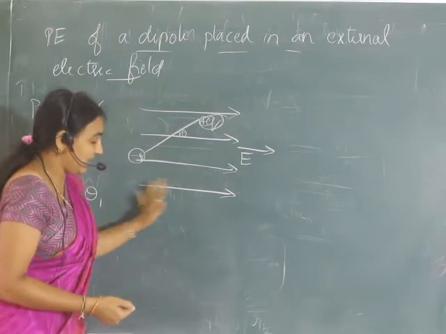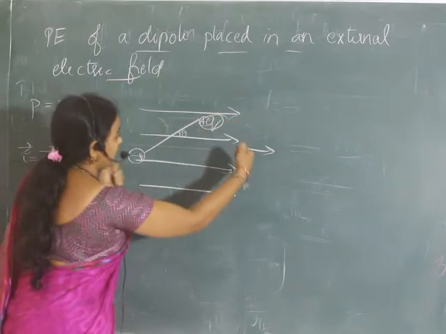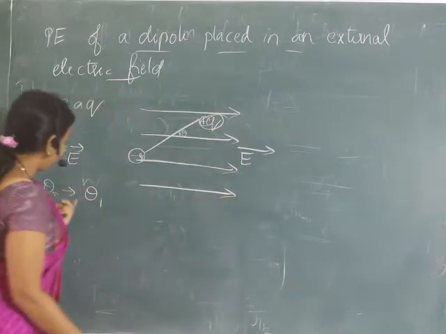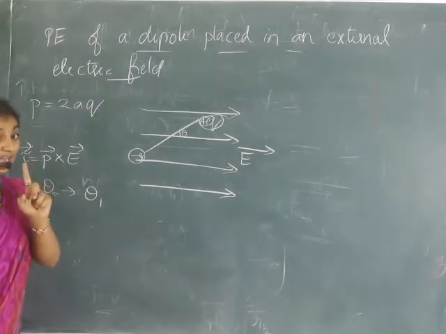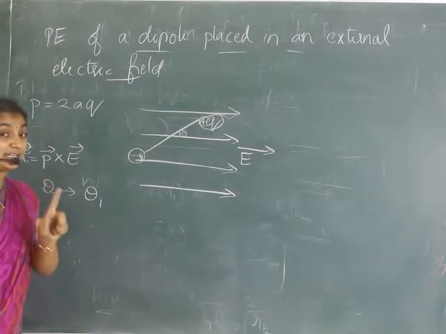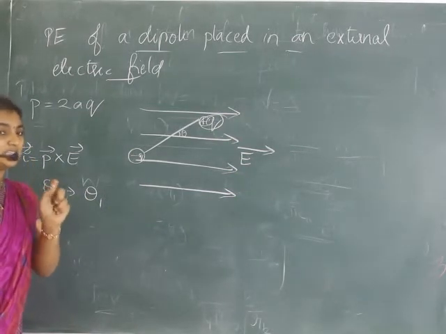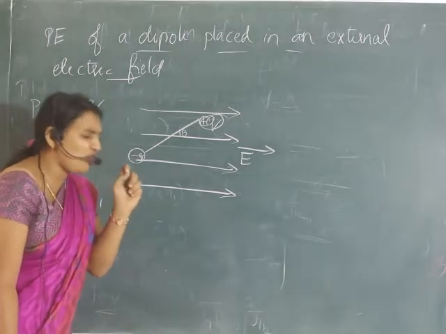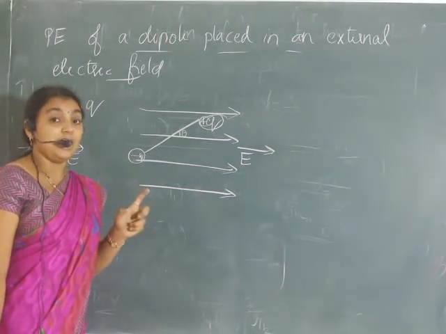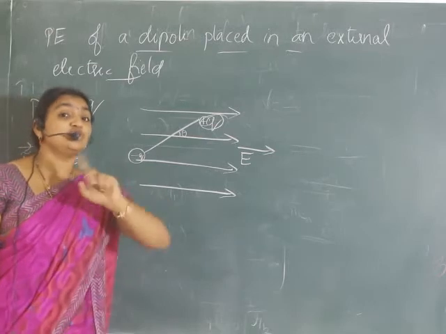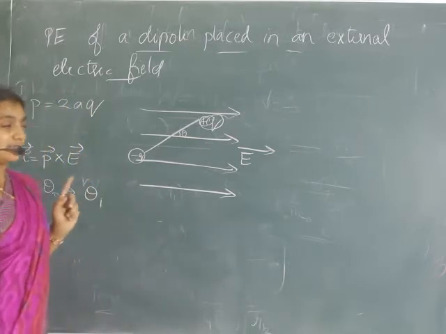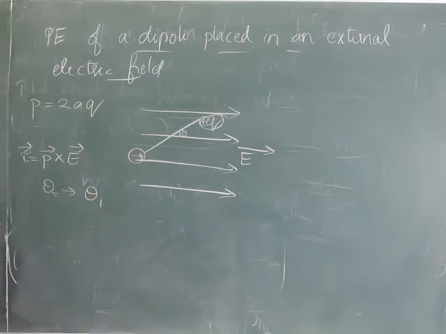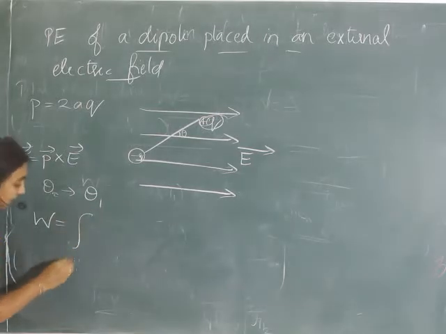If this is the plane of paper, I have to rotate it from theta naught to theta 1 with an infinitesimal, very small angular speed, so that there is no angular acceleration. Angular acceleration is 0.